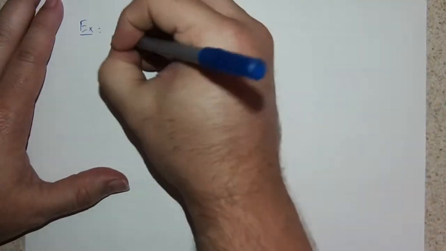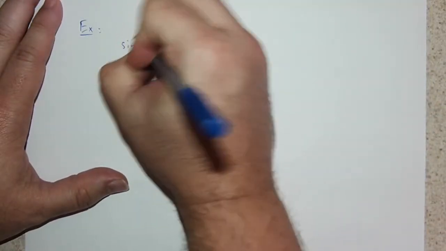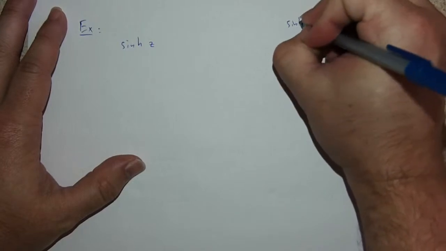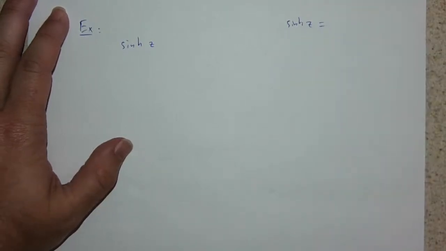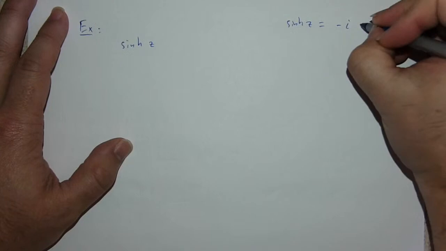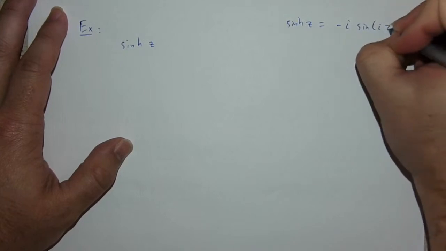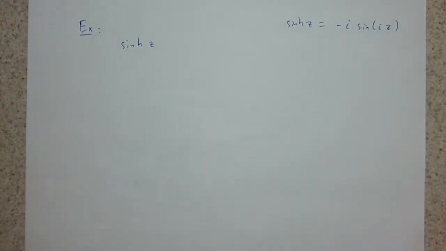More examples. How about sinh of z? Well, remember that sinh of z is actually just minus i sine of iz. This was one of those properties when we first defined these things.